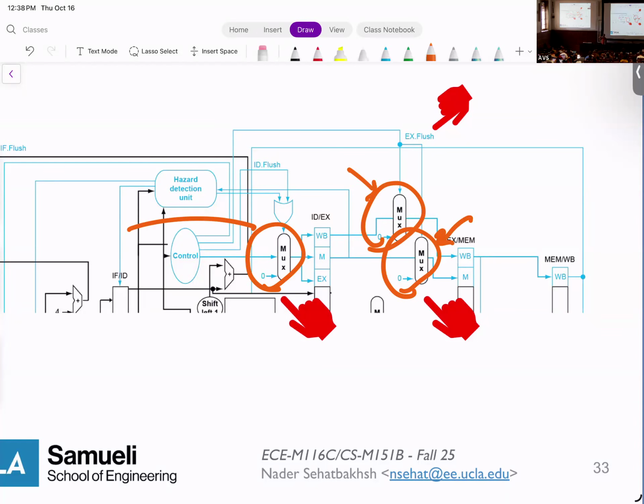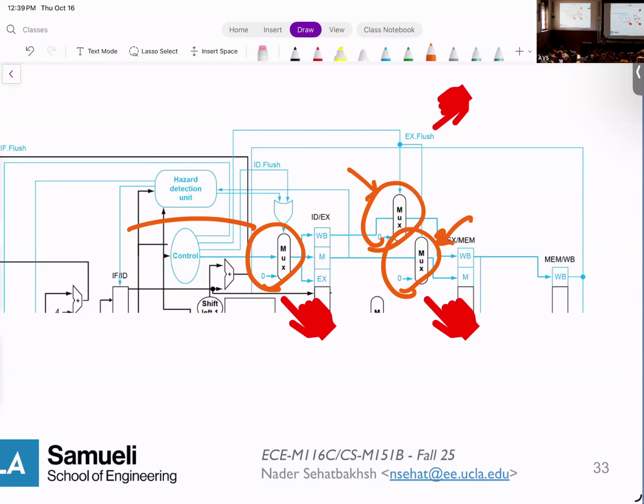What it does is basically replace the control signals of that instruction with zeros. Because I can let the garbage continue. I can add garbage with garbage. I can multiply garbage with garbage. I can read things from the memory, garbage reading, all that. As long as I don't write anything to my register file or to my memory, and I don't change my PC, then I'm good to go.